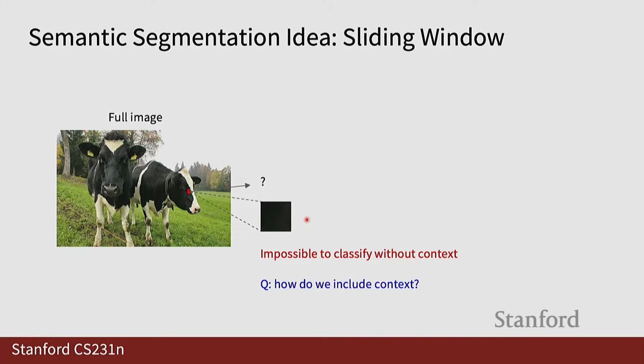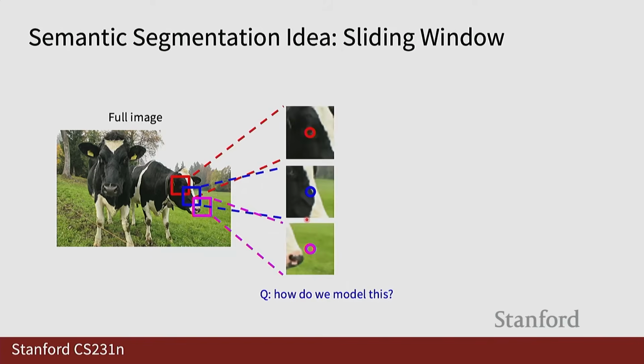In the very basic form, it's actually very much impossible. It's hard to say what object that specific pixel represents, because there's no context if you only look at the pixel itself. So that's why context is important.